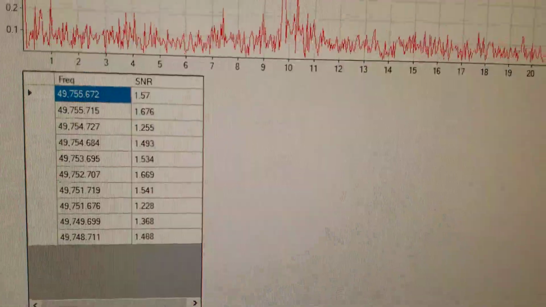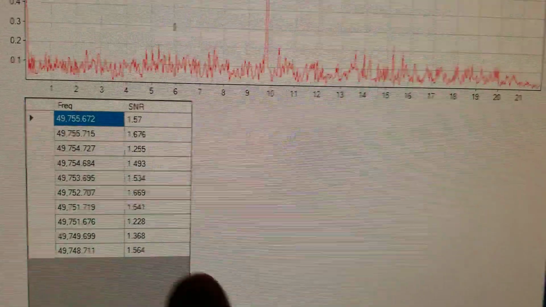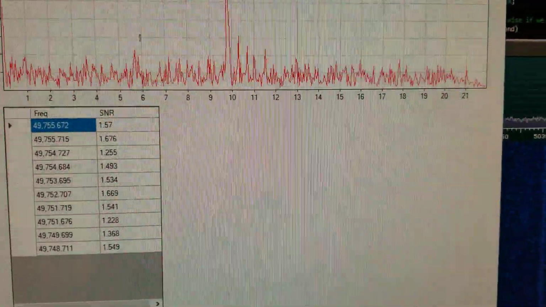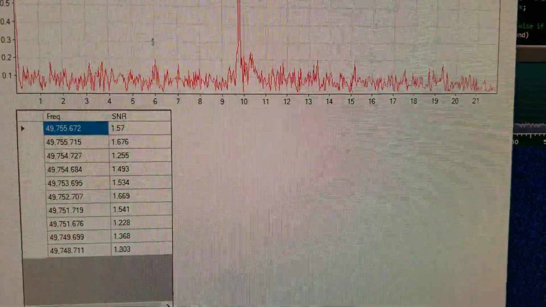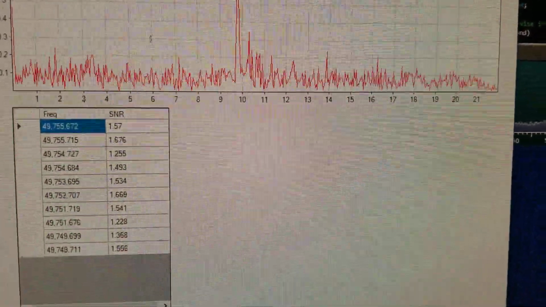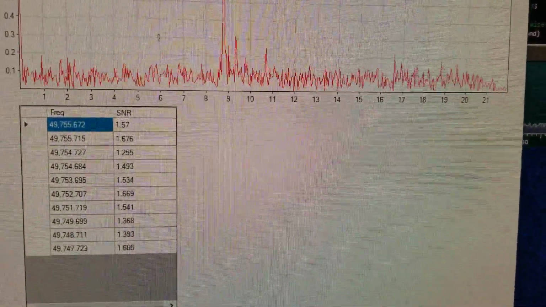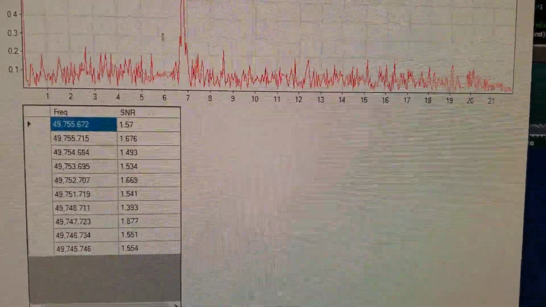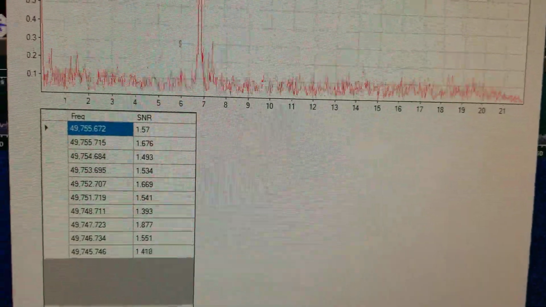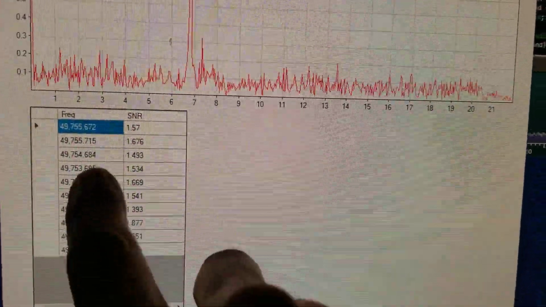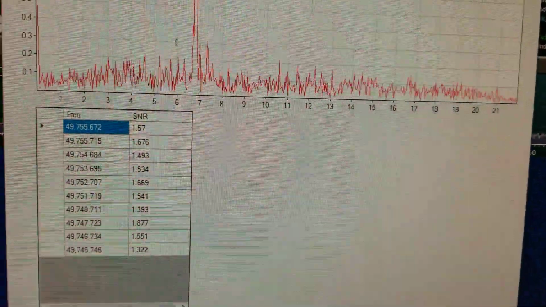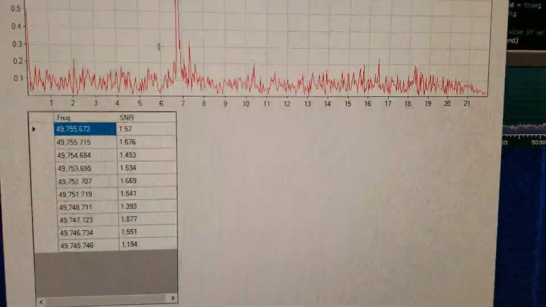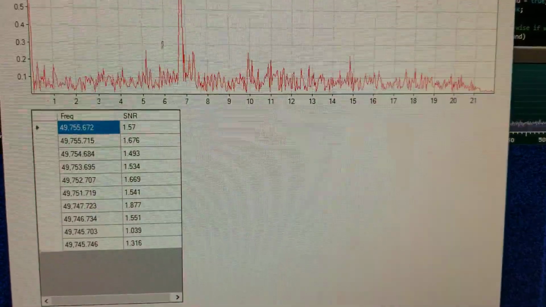Okay, so if you're watching these frequencies, they should be changing. Yeah, they are. Since I'm moving it down, these lower ones are replacing the higher up ones.